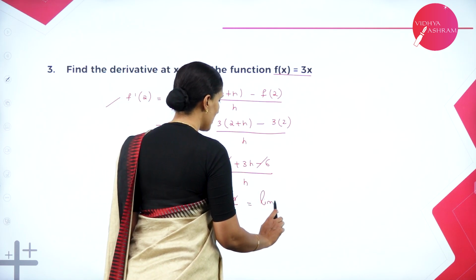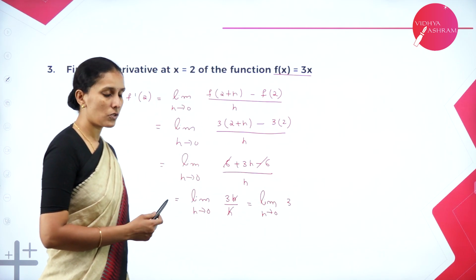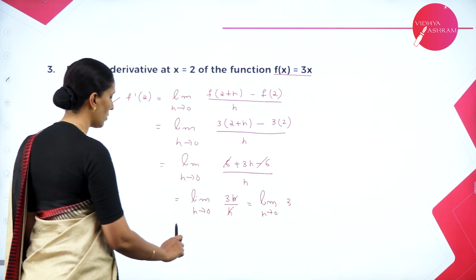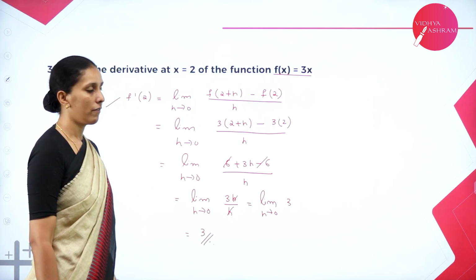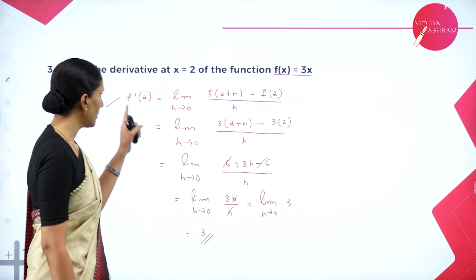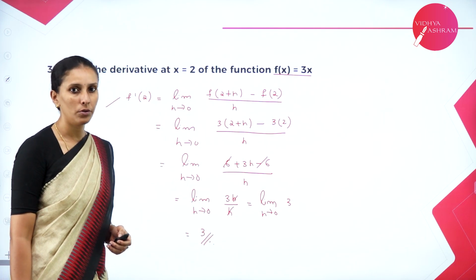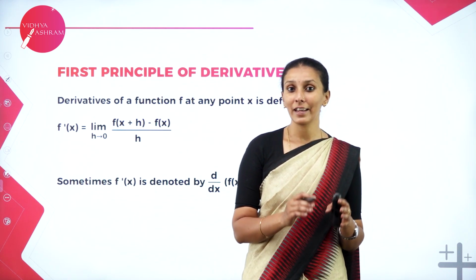We get limit as h tends to 0 of 3. 3 is a constant and there is no variable to apply the limit. So therefore, the value is 3. So therefore, the derivative of the function f of x is equal to 3x is 3 at the point x is equal to 2. So until now, we have found the derivative of a function at the given point.